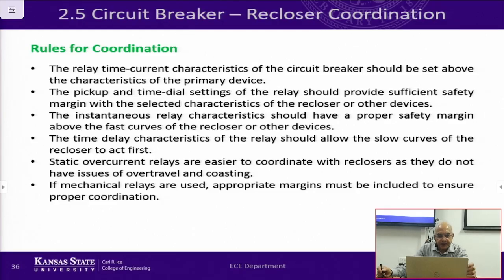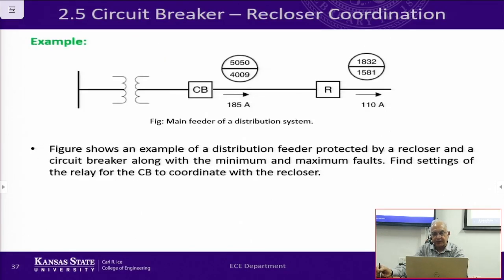So these are some rules for coordination. Let me go ahead and show you an example. We have a recloser here, we have a circuit breaker here, and these are the maximum and minimum fault currents that are given, and 185 amps and 110 amps are the load currents.